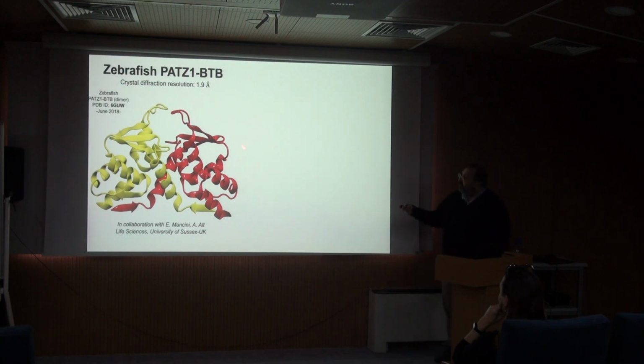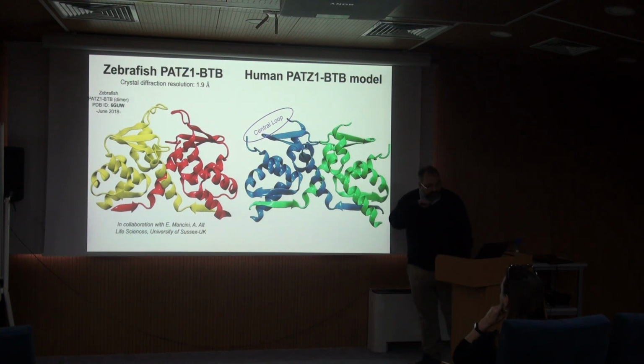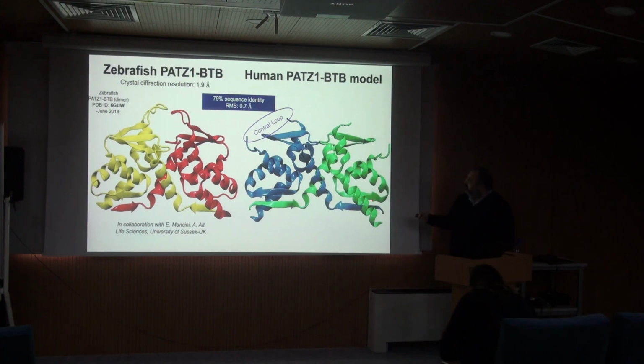So now this is the zebrafish BTB crystal structure. Because this loop region is missing in the zebrafish, that part was less flexible, and we could actually solve the top part of the structure. But if you compare the two structures, they're quite similar. So the differences between the atomic positions are small between the two proteins.